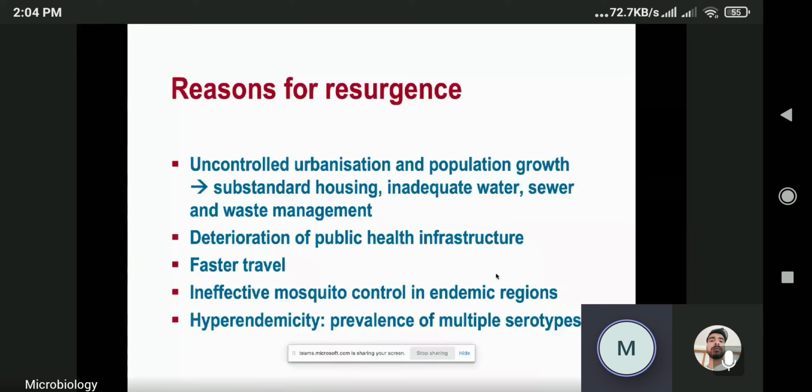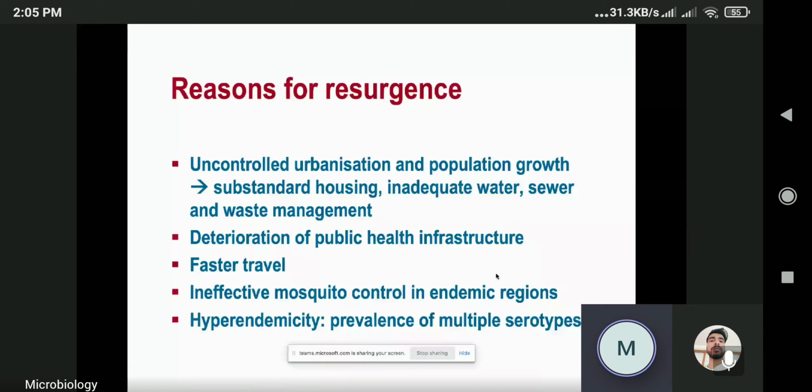That's why movement and transportation were almost zero, isn't it? Due to this there was less mobility of people, and fewer chances of mosquitoes spreading from one area to another. That's why there were fewer chances of spreading different serotypes of the dengue virus, and people did not have dengue disease this year.